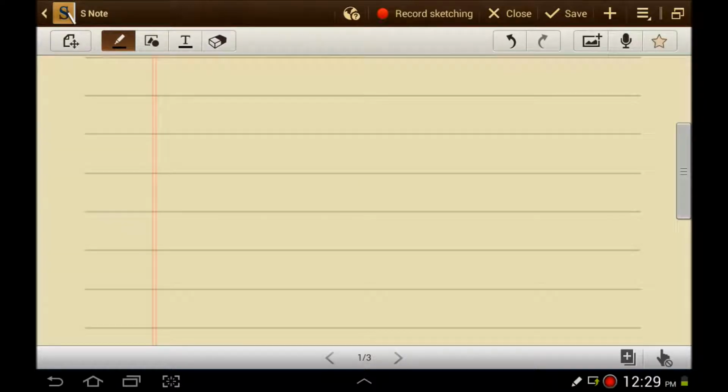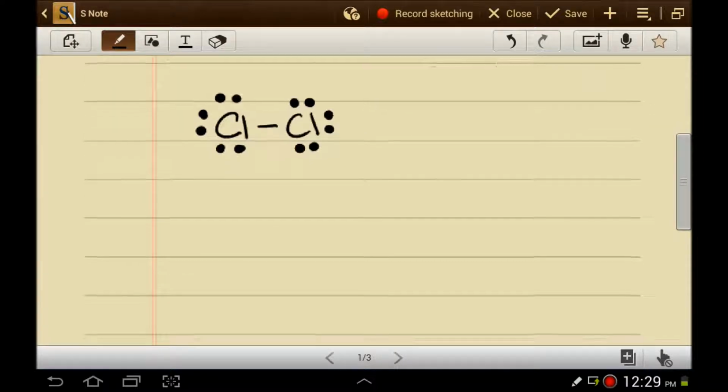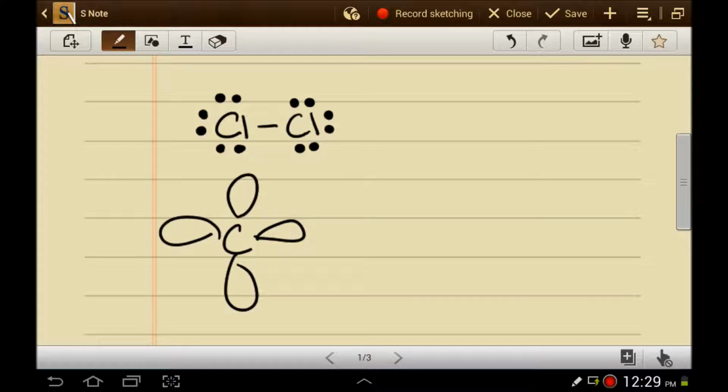Let me show you. Chlorine, according to Lewis theory, will bond with chlorine to make a single bond. The chlorine atom has p orbitals coming out at all angles.